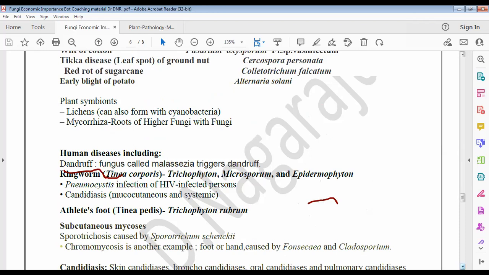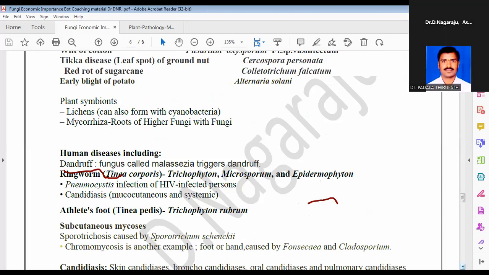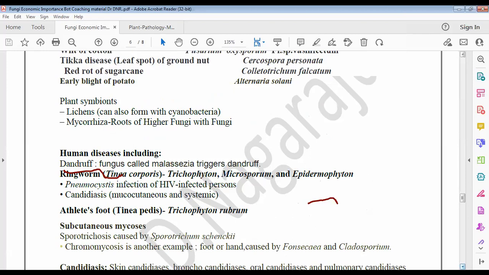And the human diseases caused by the fungi, I already told you, are mycosis. Myco means fungi, disease caused by fungi, mycosis.